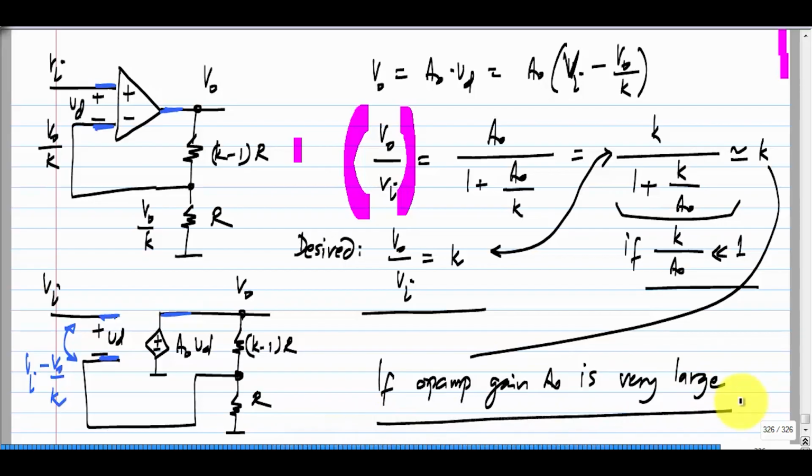So, this is the reason we need a very large gain in the op-amp. The gain of this amplifier is K, which depends only on the ratio of resistors. Okay. It depends on this resistor and that resistor. So, this is an amplifier using negative feedback using an op-amp, okay, and it gives us a feedback controlled amplifier of a gain which is very, very close to K.